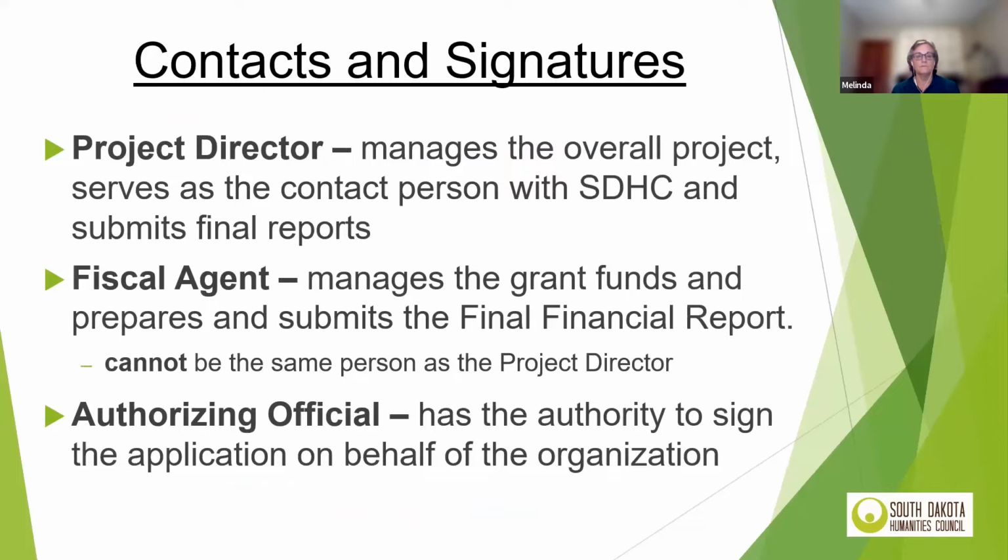The fiscal agent is responsible for managing the grant funds and works with the project director to prepare and submit the final financial report. This person cannot be the same person as the project director. The authorizing official signs the application on behalf of the organization. Typically, this is the executive director of the organization, but may be someone else depending on the structure of your group.